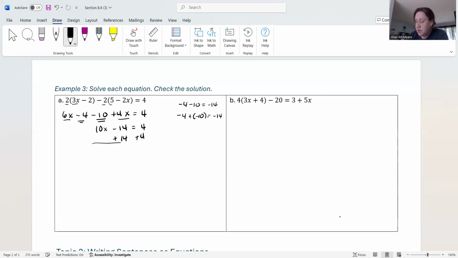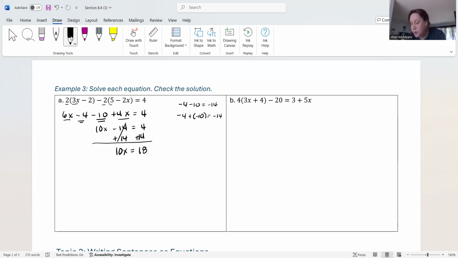So we're going to add 14 to both sides. Well, I got ahead of myself here, and that should be a 14. Okay, so on the left, negative 14 plus 14, that's just 0, okay? And then 10x plus 0 is just 10x. And then on the right, we have 4 plus 14, that's just 18, okay?